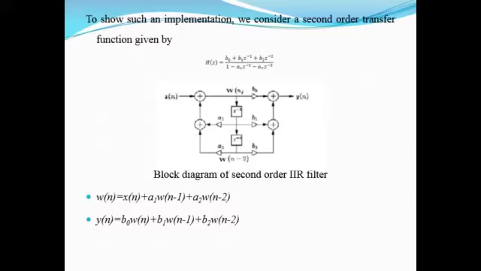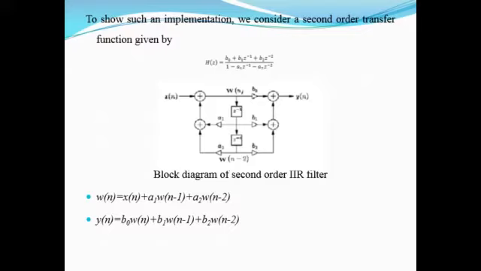So w of n is x of n plus the coefficient a1 into w of n minus 1 plus a2 into w of n minus 2. This is what we want to implement as part of the IIR filter equation.